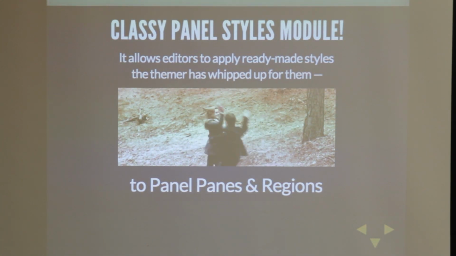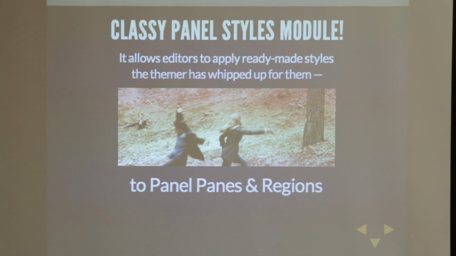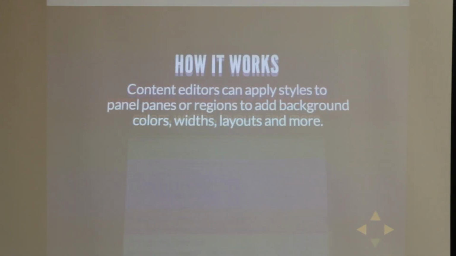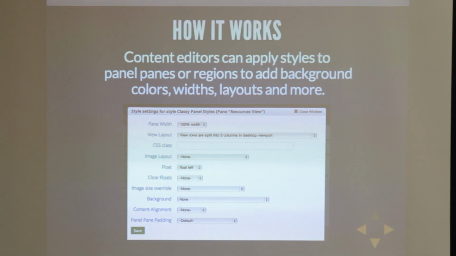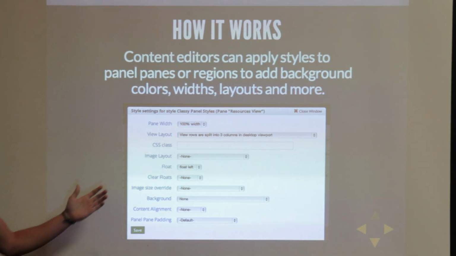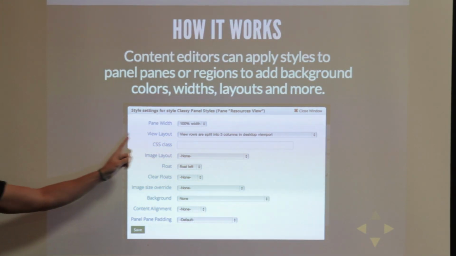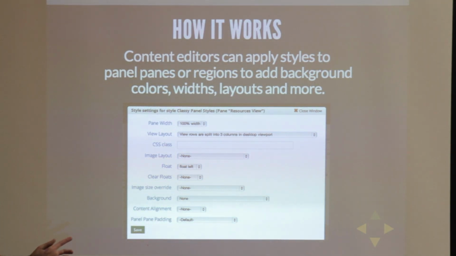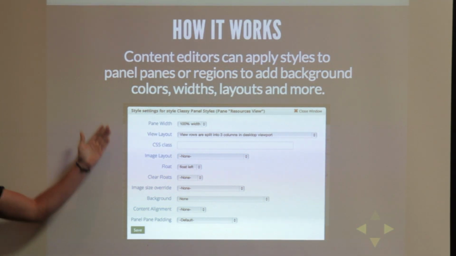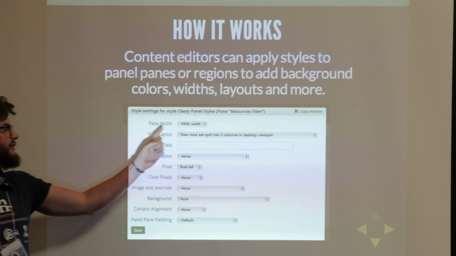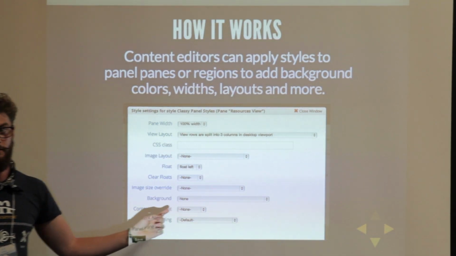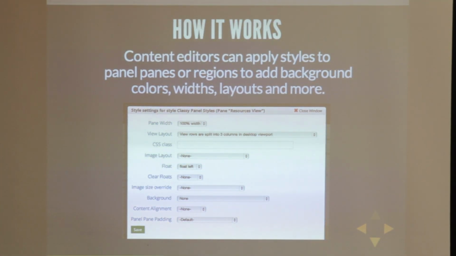And associated with the given option, let's see if we get this. So this is an example of the style settings form on a pane or a region. So these are all set up behind the scenes by the themer. So this is all configuration. And behind the scenes, each of these options, each of these settings here, has a class or a series of classes associated with it that the themer has whipped up, right?